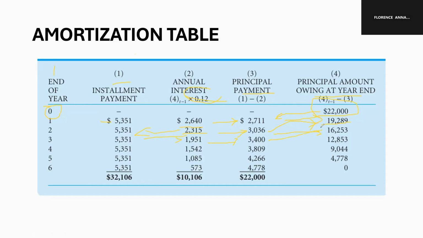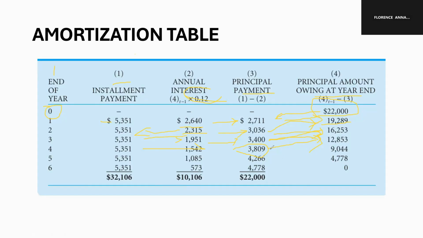You deduct that again from 16,253, you'll get 12,853. Now, 12,853 times 12% interest, you'll get 1,542, sorry. And you deduct that from 5,351, you'll get 3,809, which you will reduce dito sa 12,853 because this is your principal repayment.